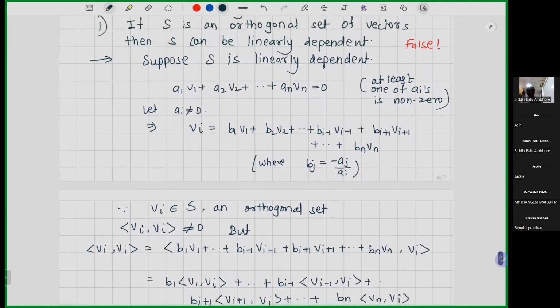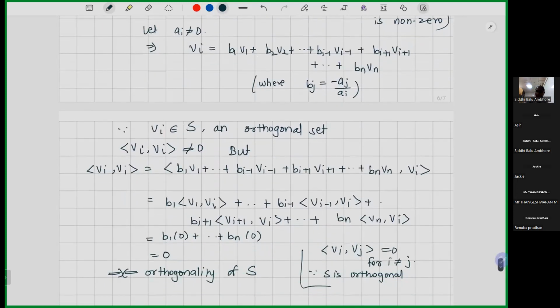V is an inner product space over F, and v1 to vn are vectors in V which are orthogonal to w in V. Then any linear combination of v1 to vn is orthogonal to w. Yes, so in that case we do not need this entire calculation.